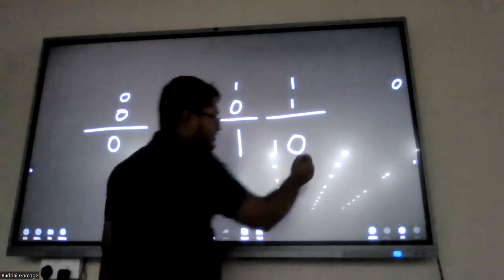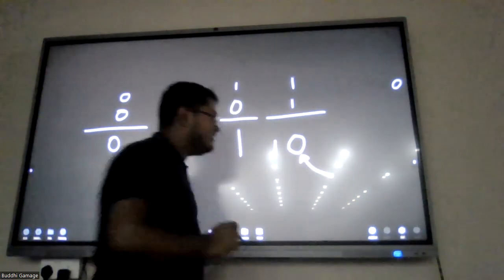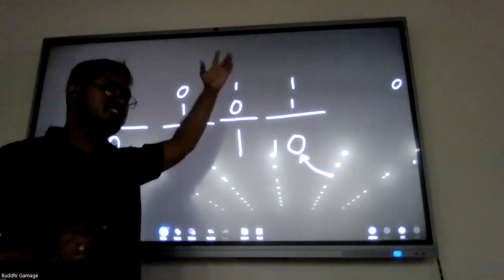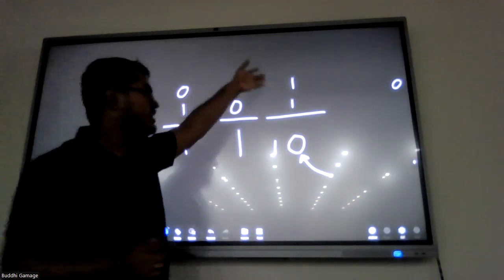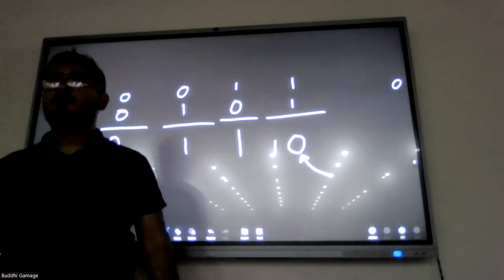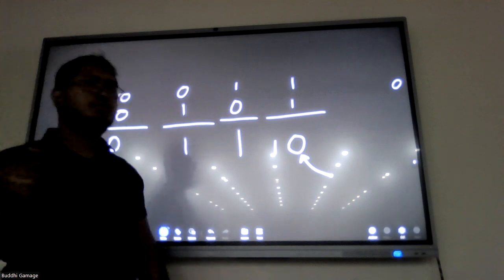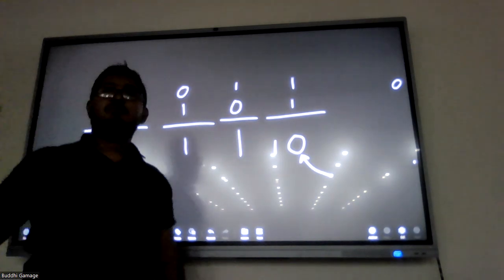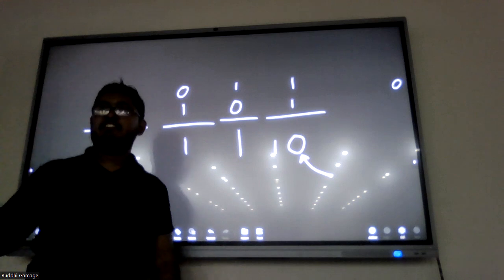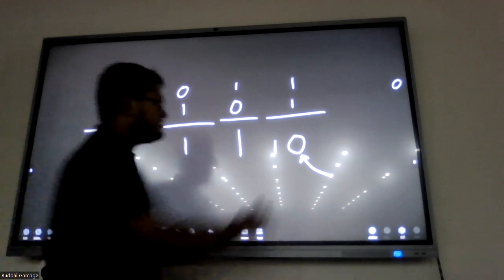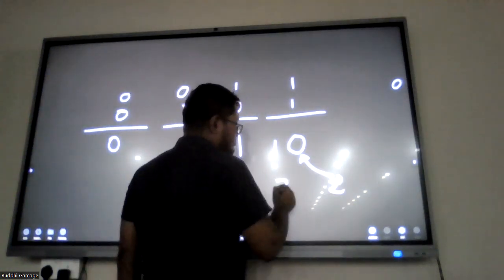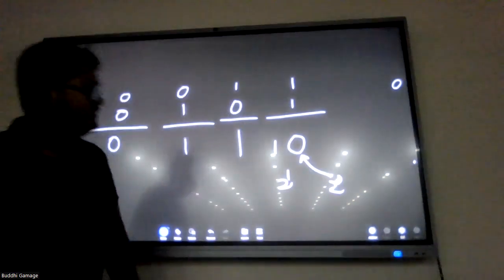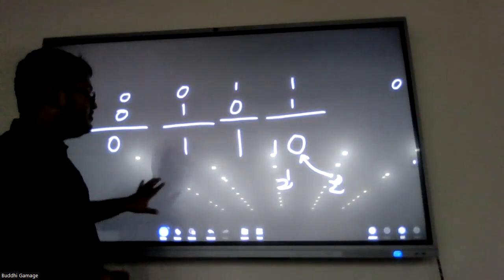In decimal, you are adding 1 and 1, so the answer is 2. But we need to convert it into binary. How can we convert 2 into binary? It will be 1 0, right? This is 2 to the power 0, and this is 2 to the power 1.